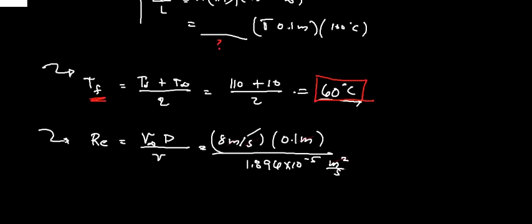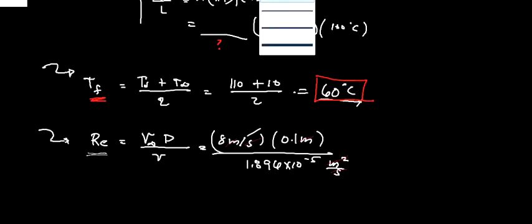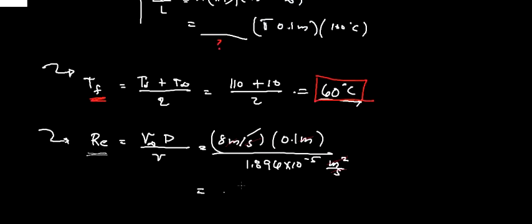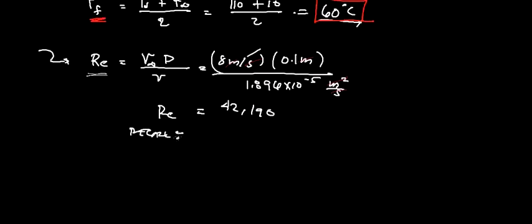Okay, so we have now a dimensionless number Re, which is equal to 42,190. And if we can also recall based from our discussions, please go back to your notes and get the critical Reynolds number for this condition.